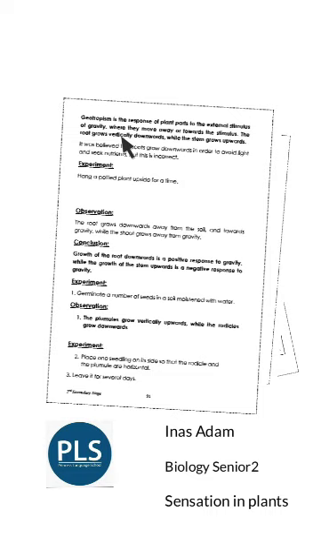What is the meaning of geotropism? Geotropism is the response of the growing plant parts to an external stimulus or factor, which is gravity, where they move away from or towards it. To recognize the meaning of geotropism, let's study the next experiment together.